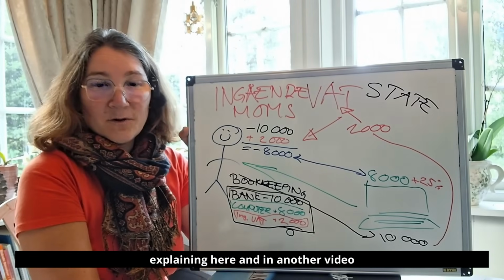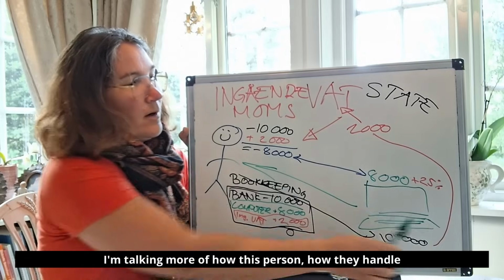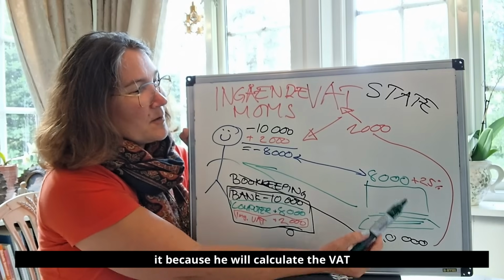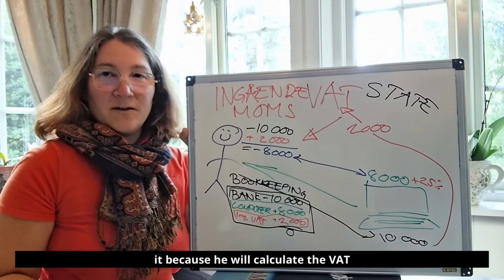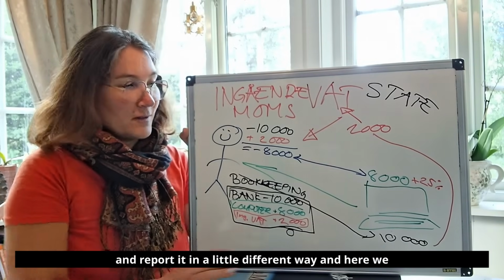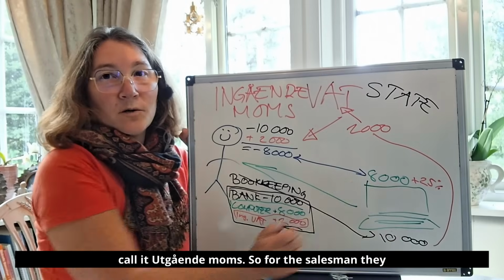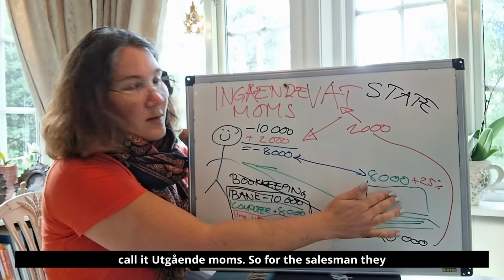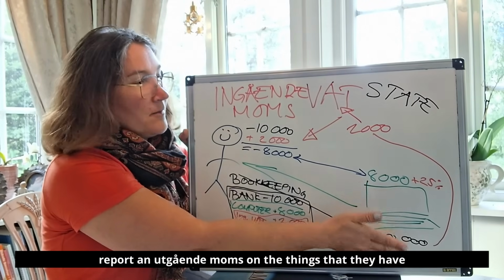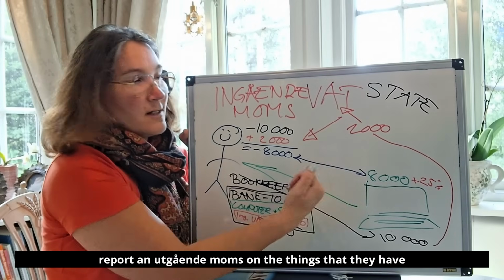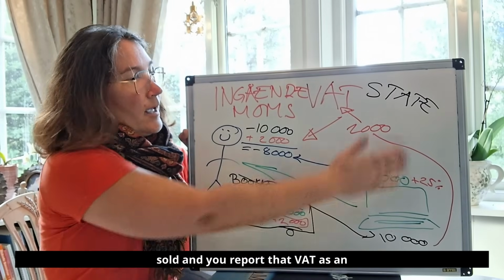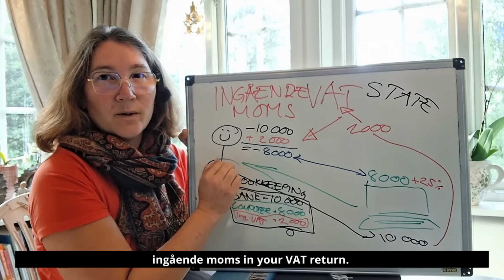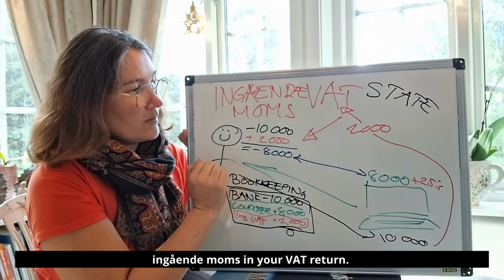And in another video, I'm talking more about how this person, the salesman, handles it, because he will calculate the VAT and report it in a little different way. And here we call it utgående moms. So for the salesman, they report an utgående moms on the things that they have sold, and you report that VAT as an ingående moms in your VAT return.